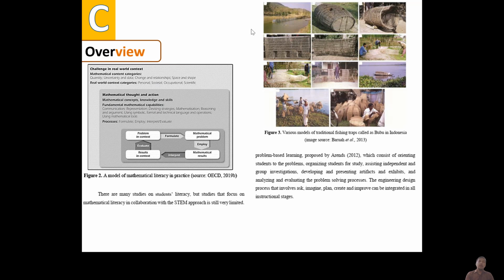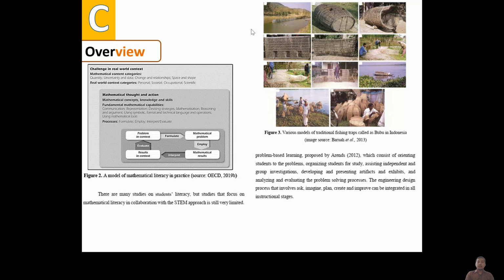In this study, we are using shape and space as our mathematics content, while for the mathematics process and competence, we are using the framework of PISA 2015 and 2018. So the students need to formulate, interpret, and employ mathematical concepts here.